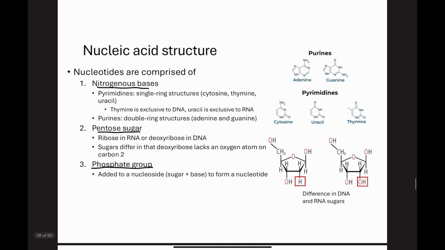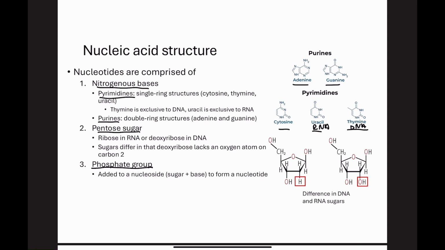We have pyrimidines, which are single-ringed structures, and they include cytosine, uracil, and thymine. It's important for us to know that thymine is only found in DNA, and uracil is only found in RNA. The other type of nitrogenous base is purines, which include adenine and guanine.